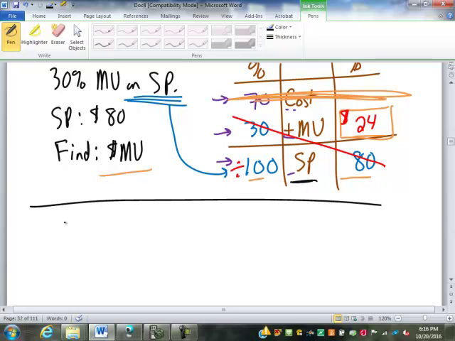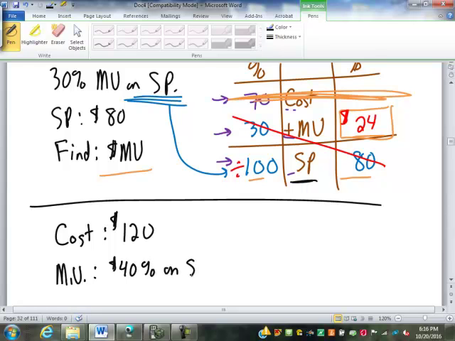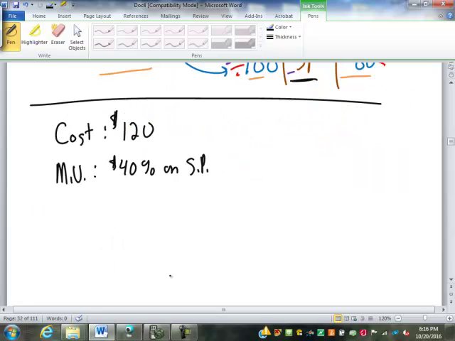But, of course, you're still buying the stuff and you're paying a price for it, and you've got to mark it up from there. So let's say that you have items that cost you $120. Your markup, you want to maintain 40% on selling price. I want you to find the dollar markup.